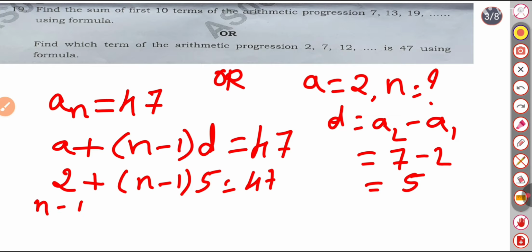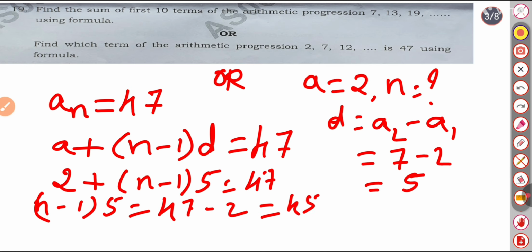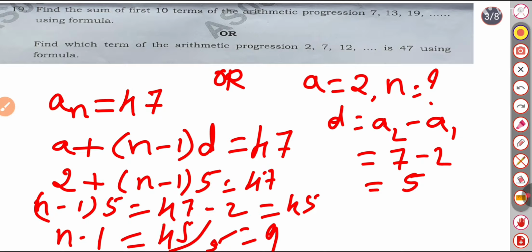n minus 1 into 5, here we will take 47 minus 2 is equals to 45. So 5 if we take that side, n minus 1 is equals to 45 by 5, is 9, 5 9s.